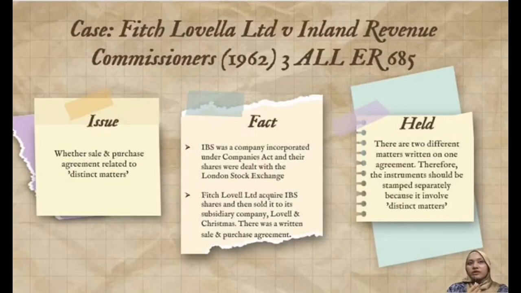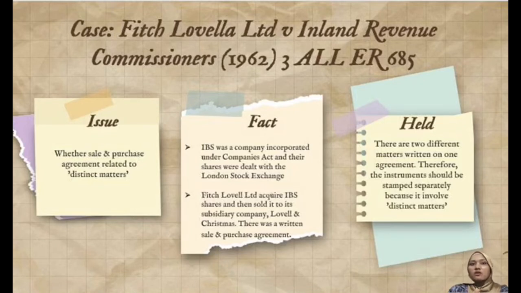We can refer to the case of Fitch Lovell Limited versus Inland Revenue Commissioners 1962. The issue is whether the sale and purchase agreement relates to these two matters. The fact is IBS was a company incorporated under the Companies Act and their shares were dealt with on the London Stock Exchange.